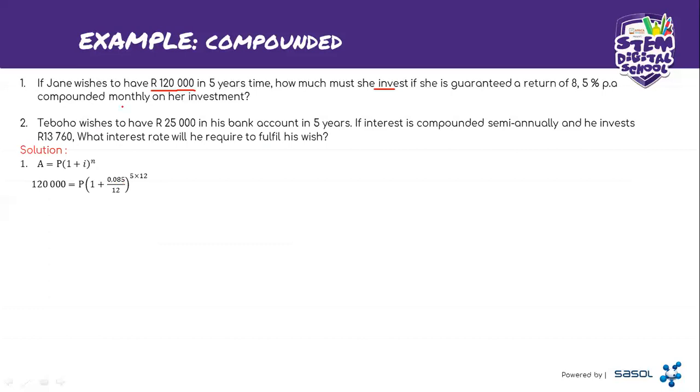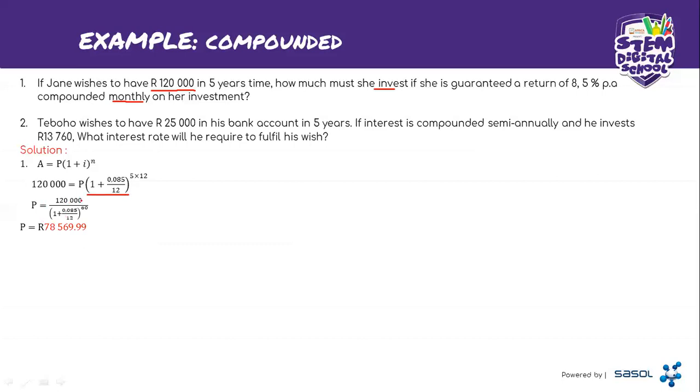It's compounded monthly, and we agreed that monthly is 12. Then we divide I with 12 and multiply the number of years with that 12 again. All right, that is how you should treat the compound period. You divide I, you multiply the number of years, right? Then from there we divide both sides with this bracket there, and this is what we did.